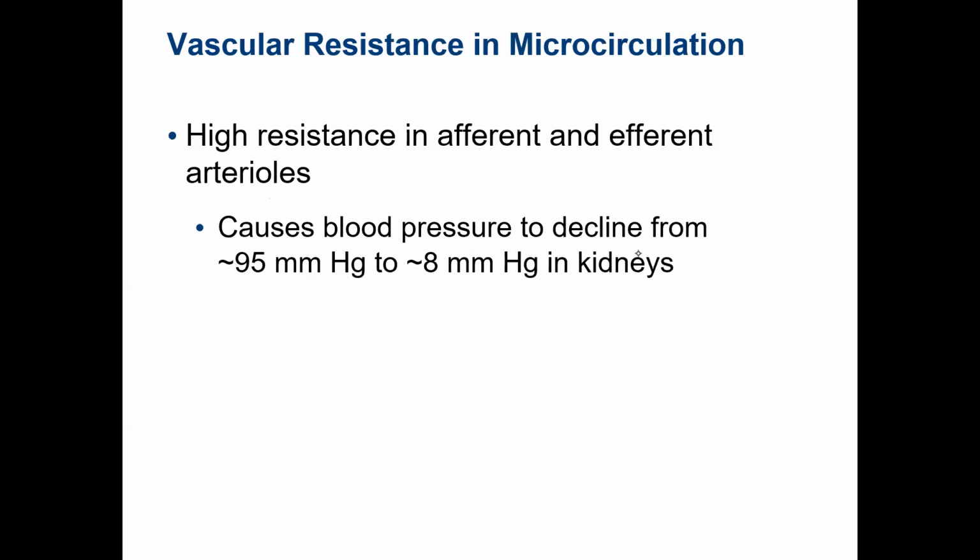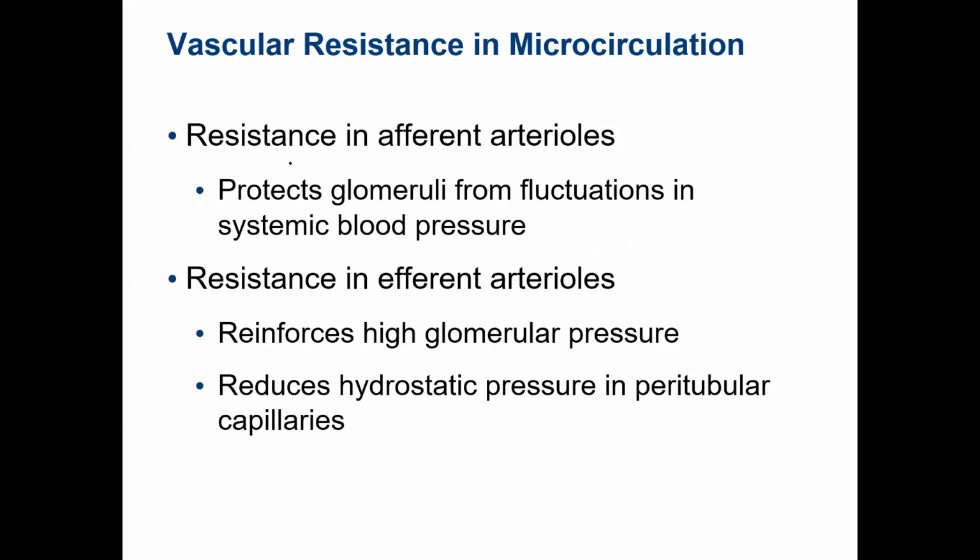This is important because the capillaries in that glomerulus are already under quite a bit of pressure. It's important that we get this resistance here to bring that pressure down so we don't damage those capillaries. So that protects the glomerulus from fluctuations in blood pressure. And the efferent arteriole keeps the pressure high enough so the kidneys can do their job.